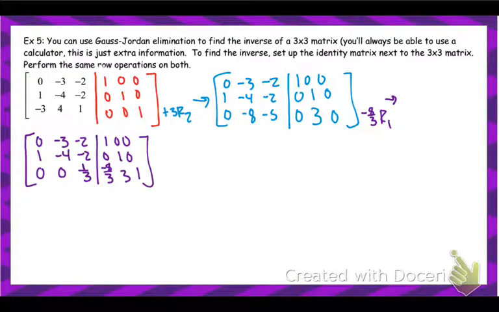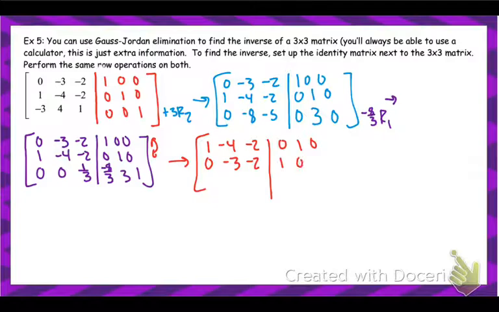All right, so now at this point, I'm going to go ahead and swap. So I've got 1, negative 4, negative 2. All right, and now I can see I just need to get those ones.